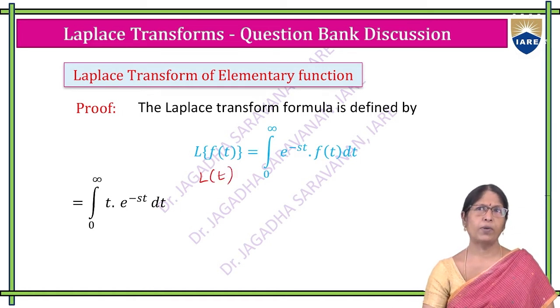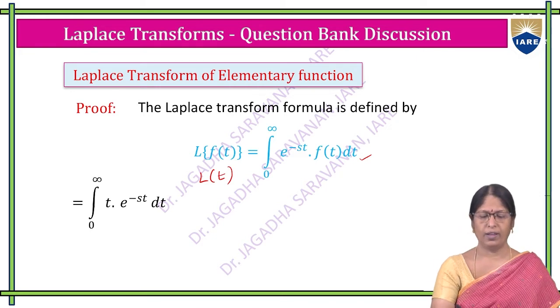How is our Laplace formula connected to our function? The first level, Bloom's remembering of the Laplace formula, is completed. Now we want L of t, which is the second level, understanding.